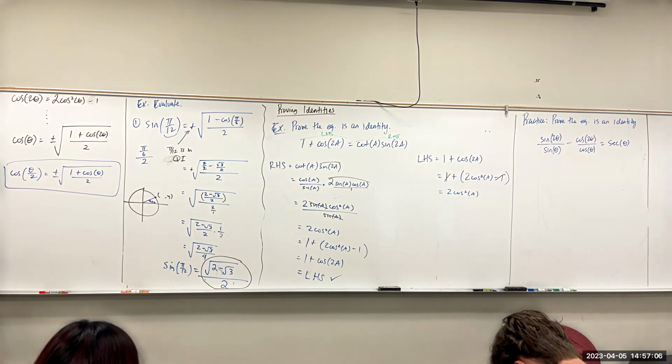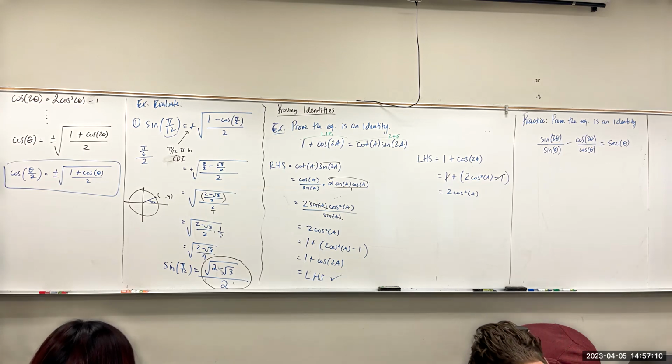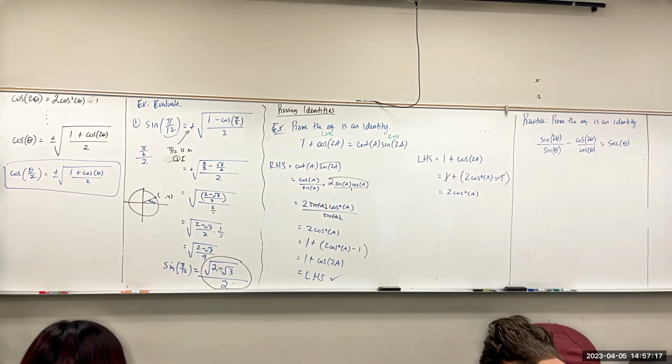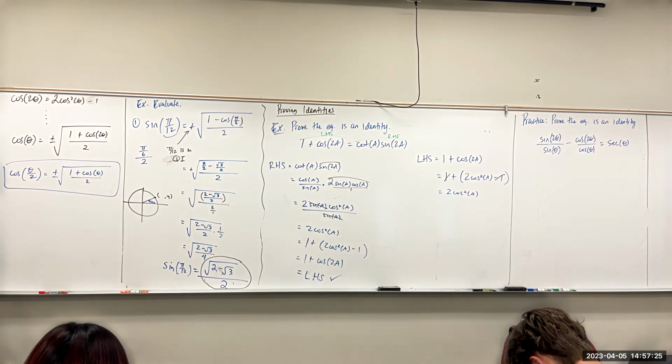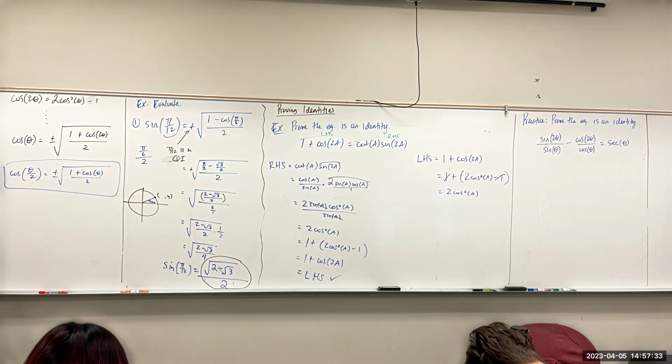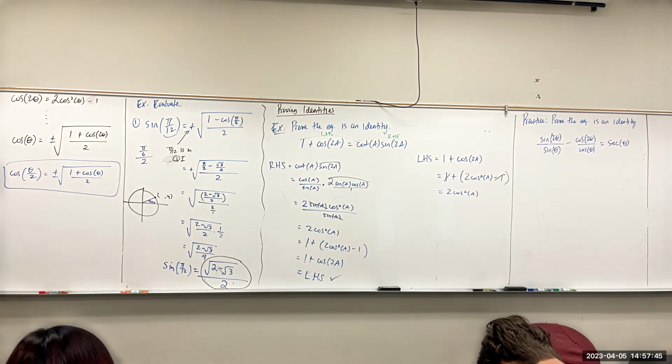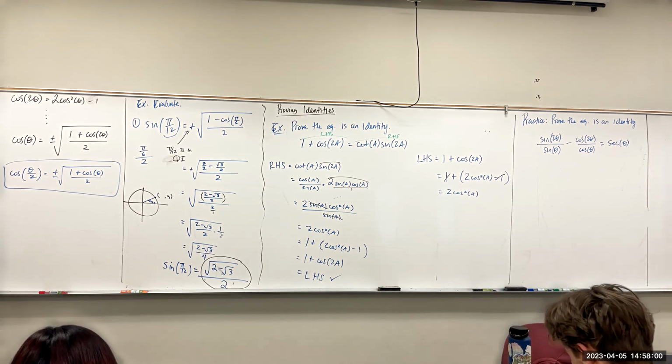2 times cosine squared. Can I just multiply?